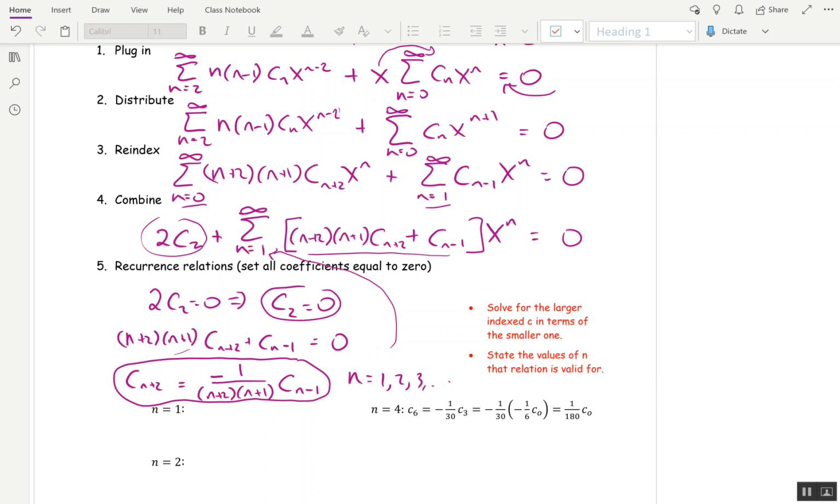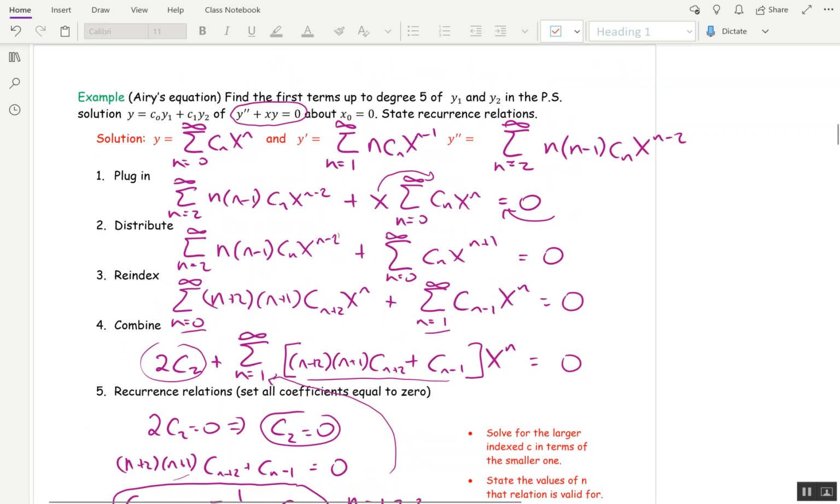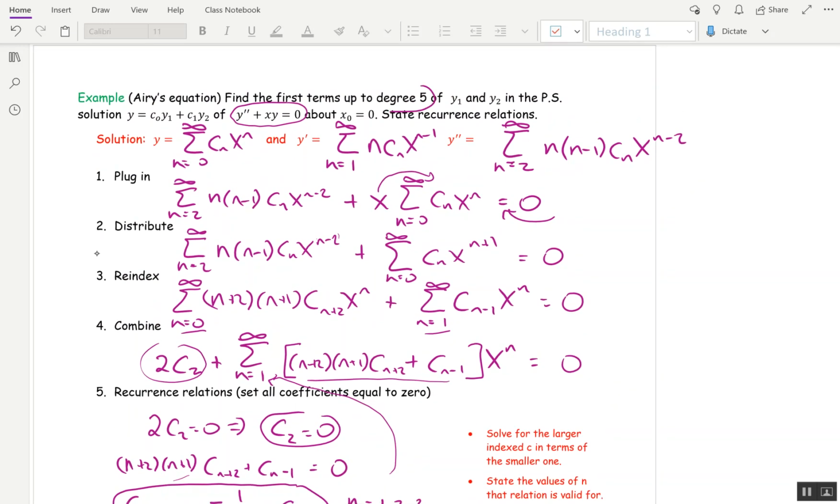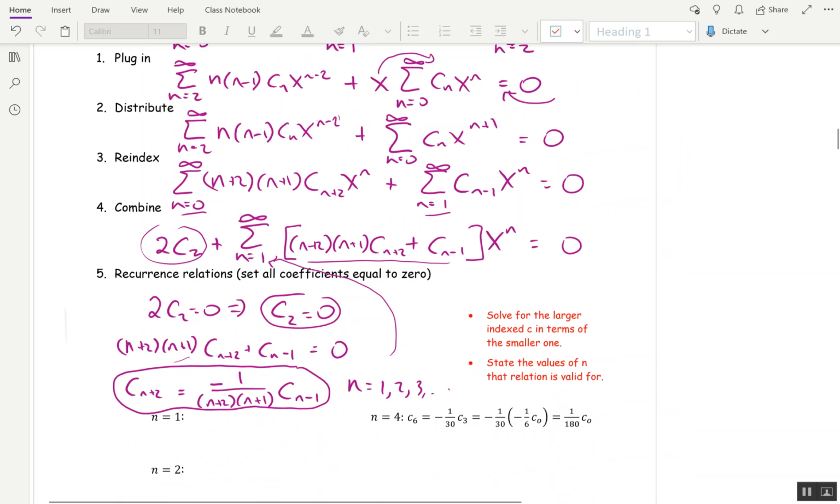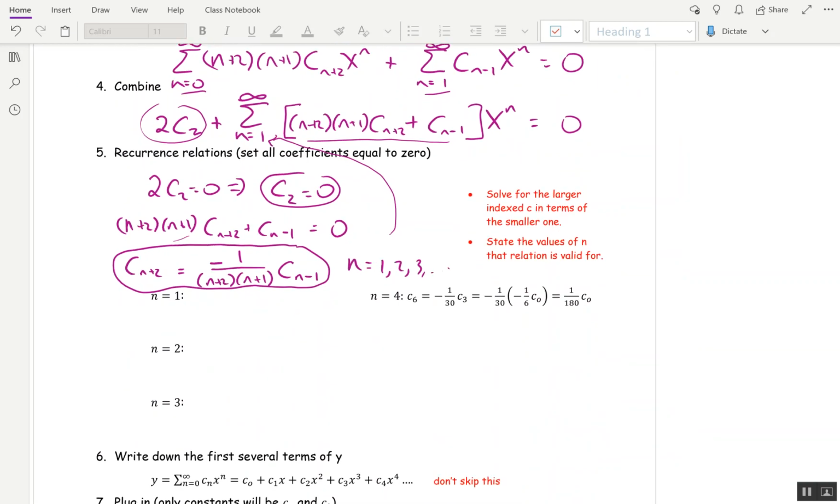Now, the goal is to find all the Cn's in terms of C0 and C1. We have to go up to C5. Okay, so when n is 1, I have C3 equals, I'm reading this equation and putting 1 in for n. I have C3 is negative 1 over 6 C0.